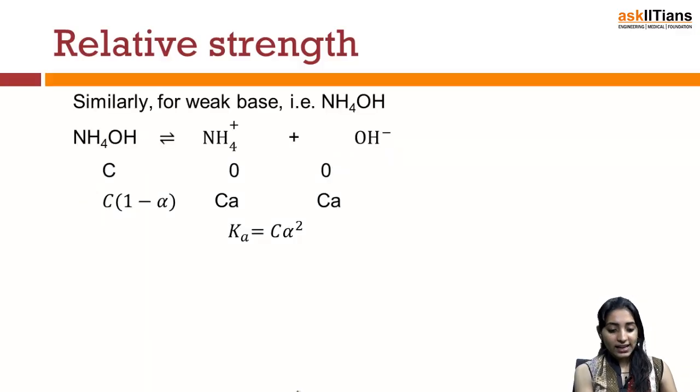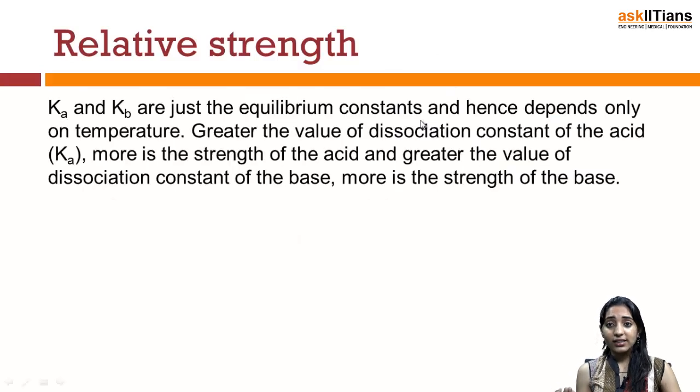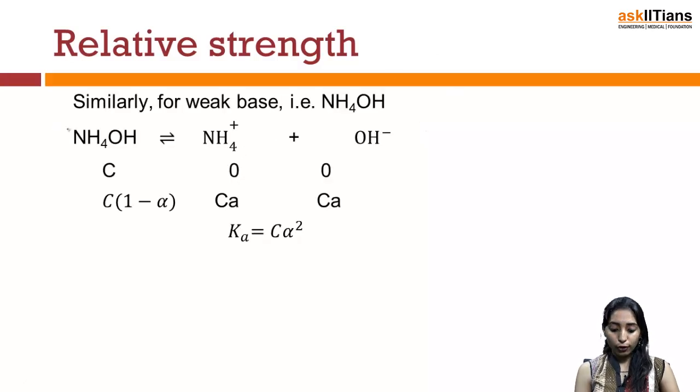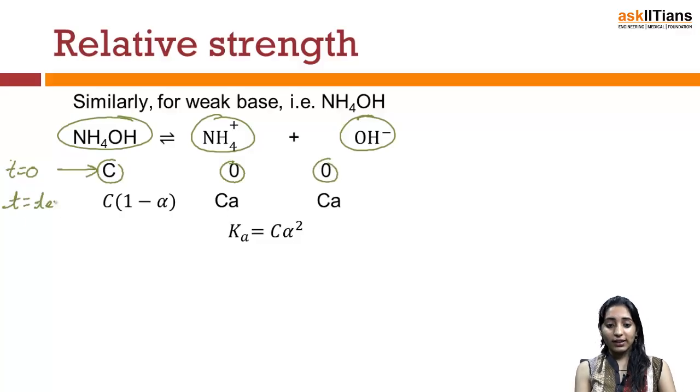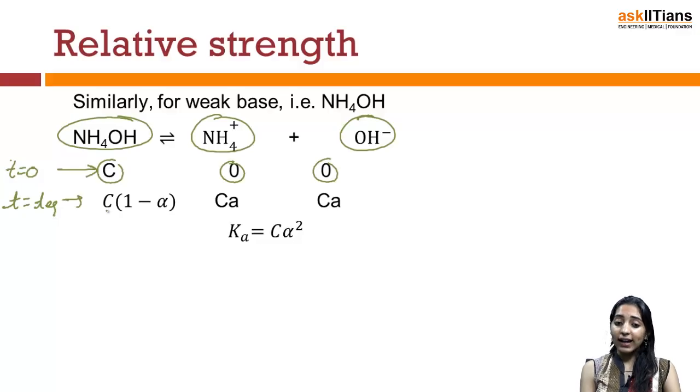Let's move ahead and talk about a base, NH4OH. NH4OH is found to exist as NH4 positive and OH minus. Let's say the concentration of NH4OH is C, so at time t equal to 0 the concentration will be C, and 0 and 0 respectively. Now at time t equilibrium, let the degree of dissociation again be alpha.